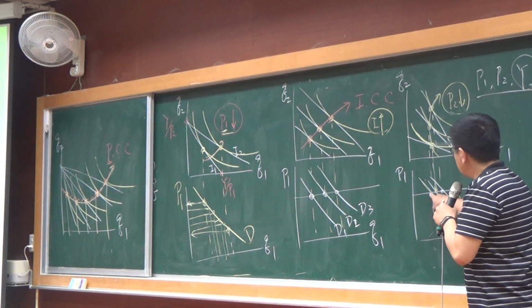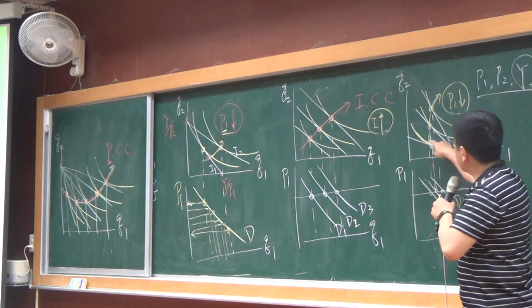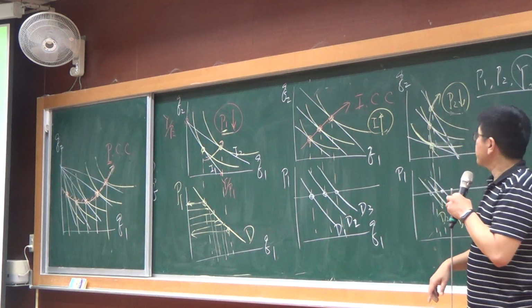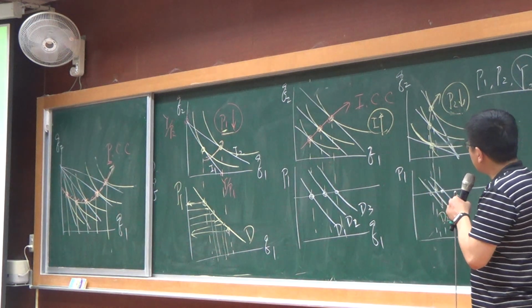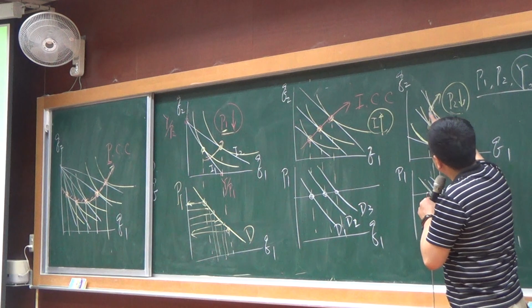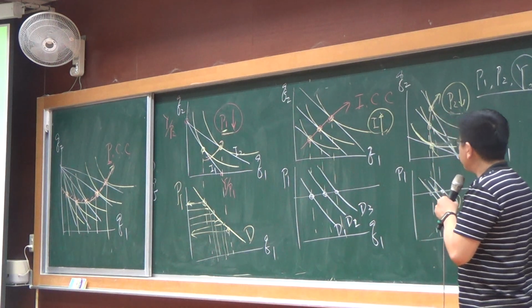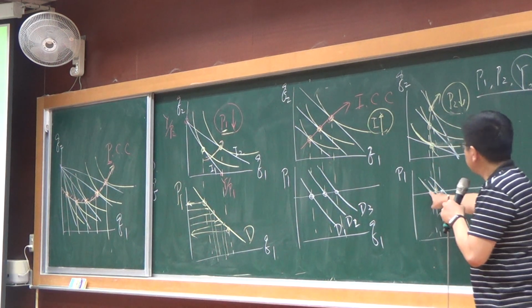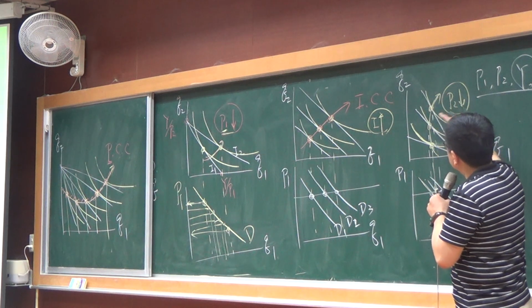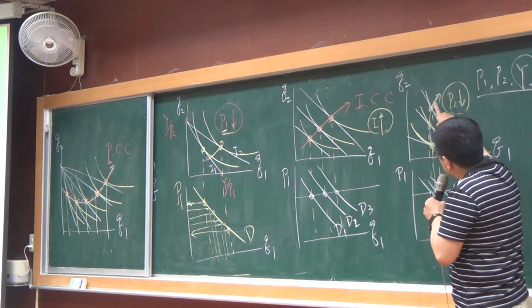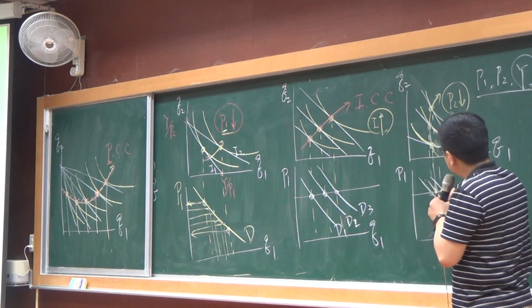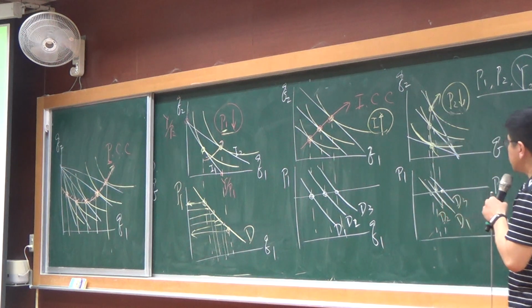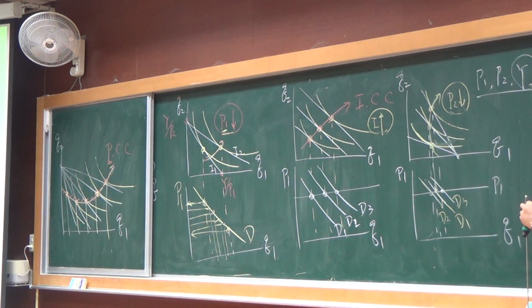So within this range, the relationship between Q1 and Q2 is substitutes. However, from here to here, it becomes complement because P2 keeps dropping, but the quantity demanded of Q1 becomes larger.